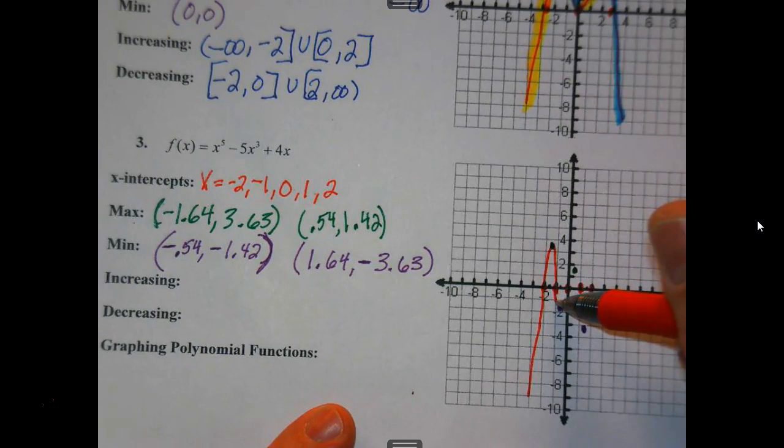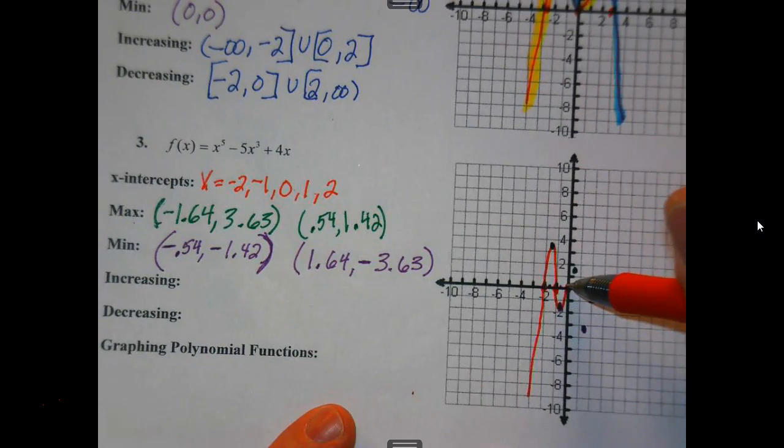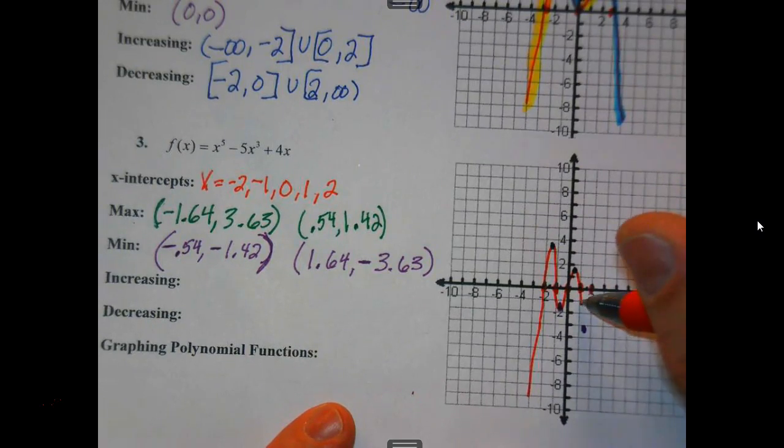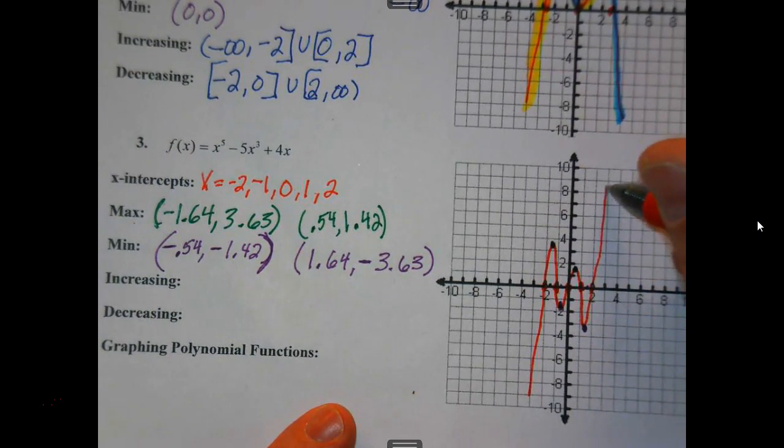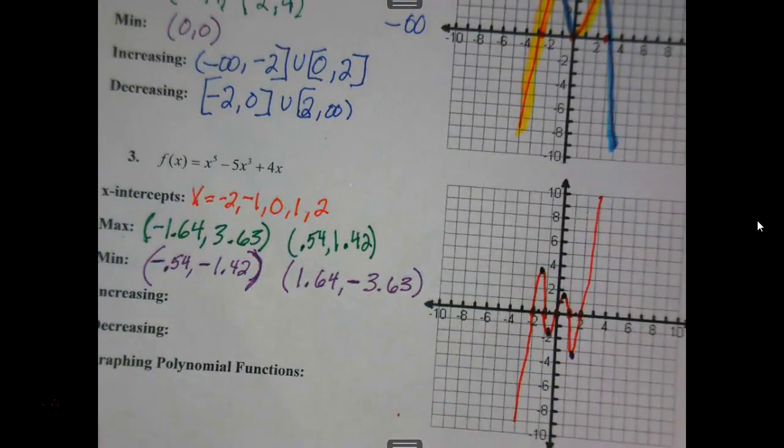It's my minimum turning point, turns, goes through my third x-intercept, hits my max turning point, turns, goes through the other x-intercept, then hits the minimum turning point, turns, and then goes through the last x-intercept.